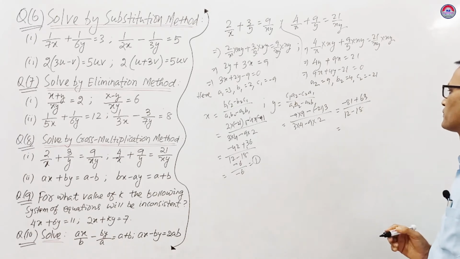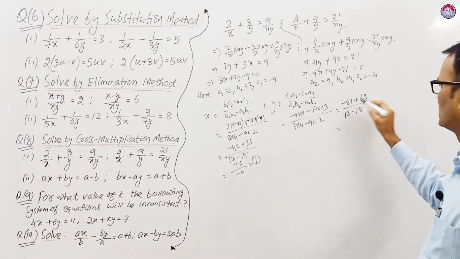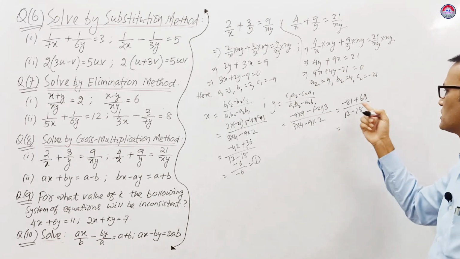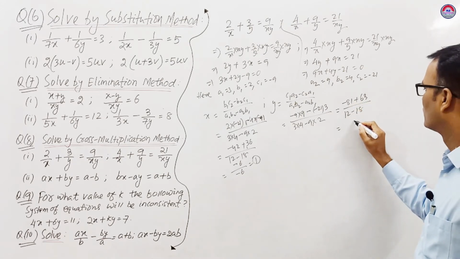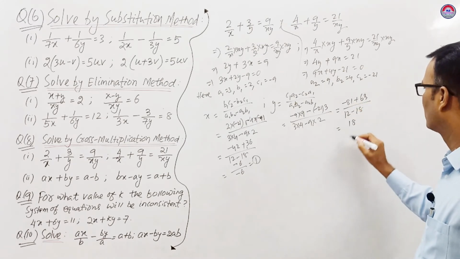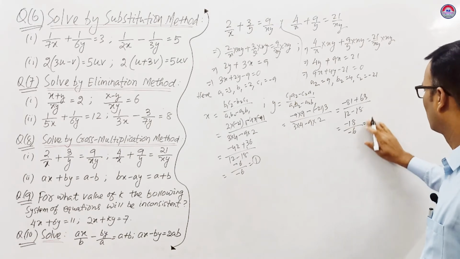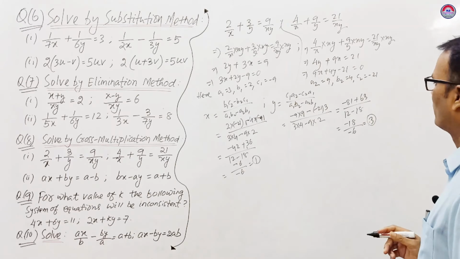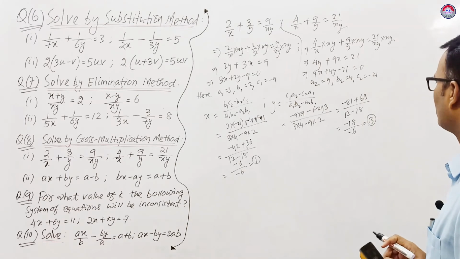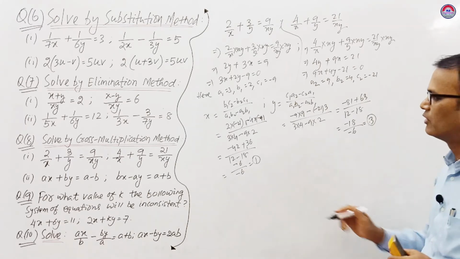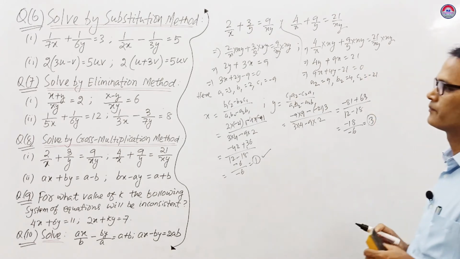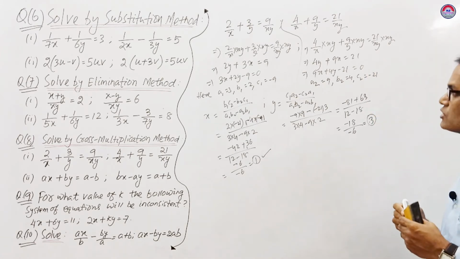So minus 18 by minus 6 equal to 3. The value of y equal to 3. Okay, value of x is 1. This is the cross multiplication method.